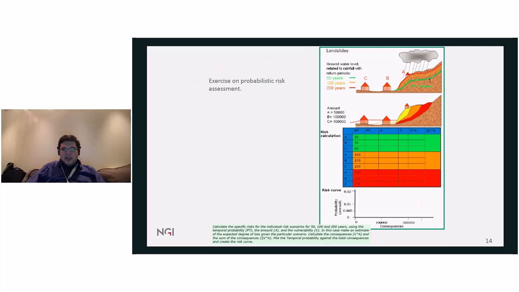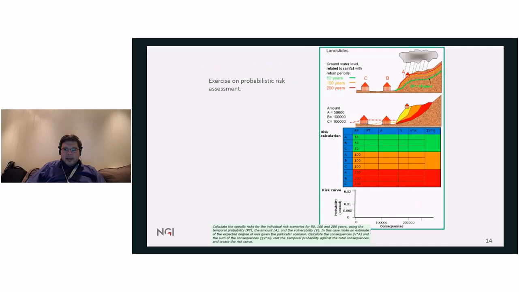So the deepest groundwater level is, let's say, the event that has the shortest return period, and then as the groundwater level becomes shallower, that means that you have higher probability for instabilities. Then we have the event with the longest return periods.